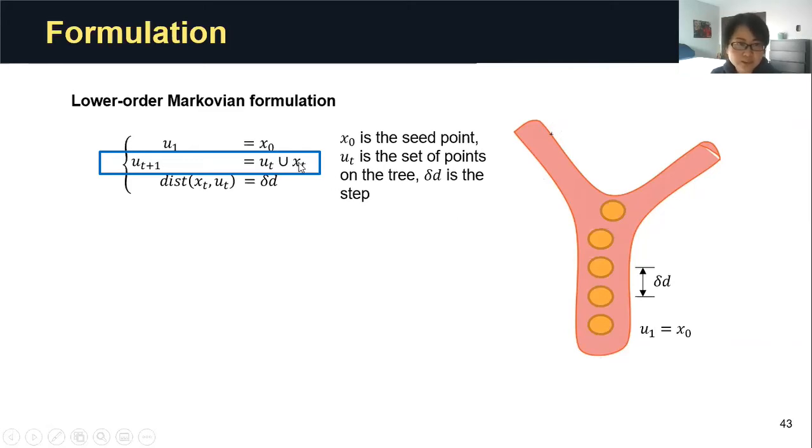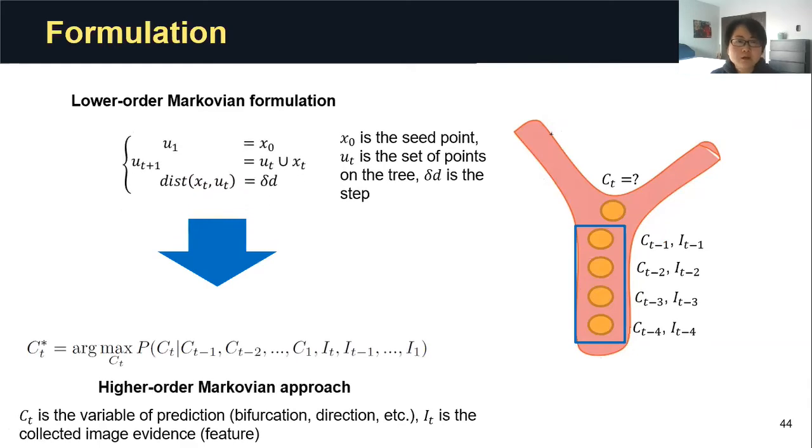So we can see the second line of the equation here. Every time we add a new point to that. So that's a lower order Markovian formulation. However, that's going to throw out the old memories during the tree tracking process.